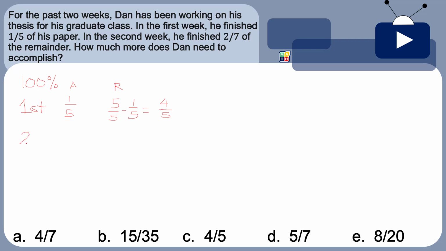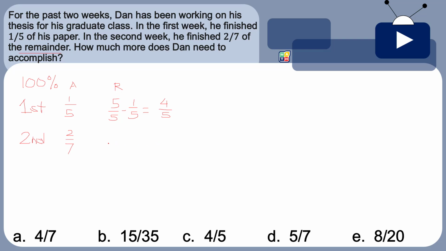Now, in the second week, Dan has accomplished 2/7, but this 2/7 is not of the entire paper. Take note of the statement: of the remainder. That would mean 2/7 of 4/5. Again, 2/7 of 4/5. So how do we solve this?